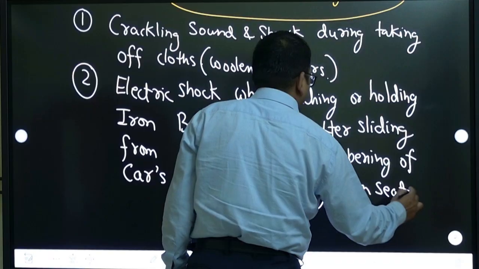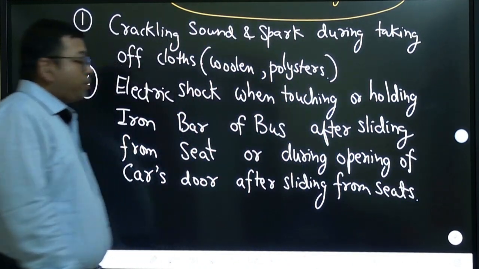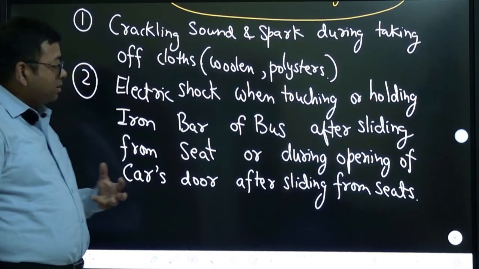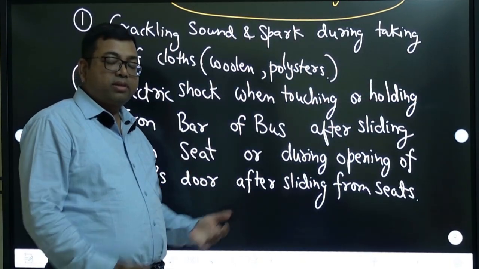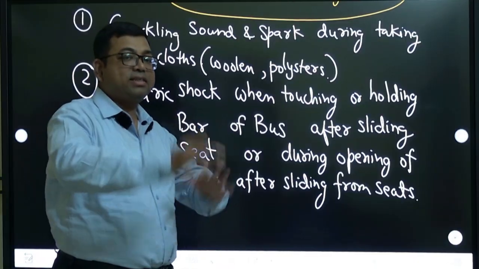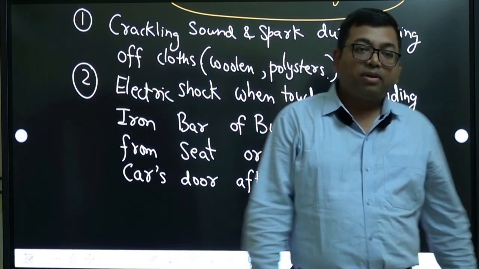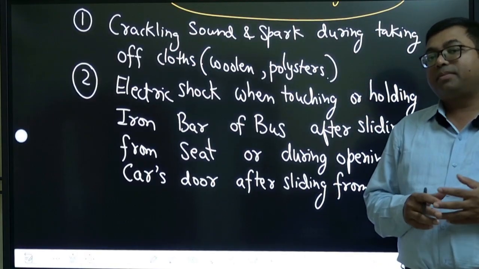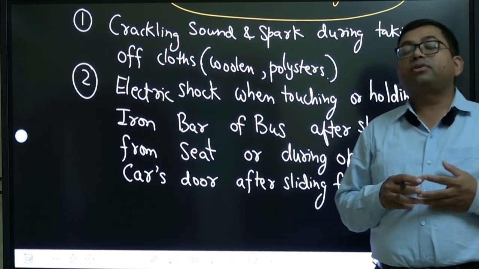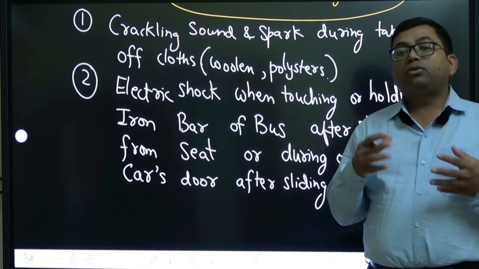Suppose a person is sitting in a car, and he just slides or gets up from his seat. While getting up, he definitely slides over the seat. Whenever a person slides over the seat, electrification happens, so charges are developed due to friction.